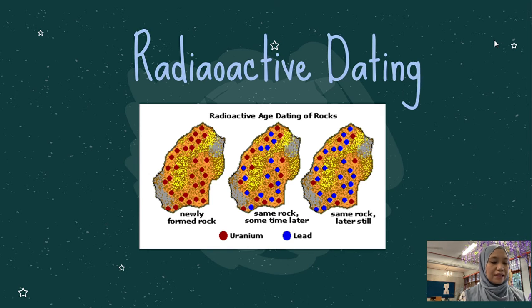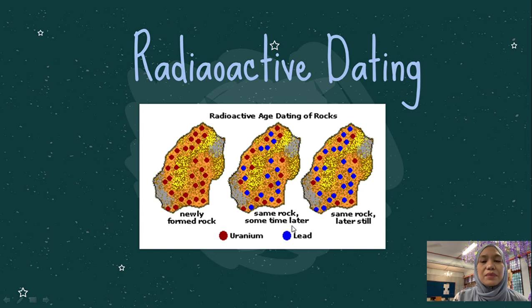Next, radioactive dating. Radioactive dating is one way to determine the age of a rock. Look at the diagram here. We have a newly formed rock, and we can see that this rock contains 100% uranium.